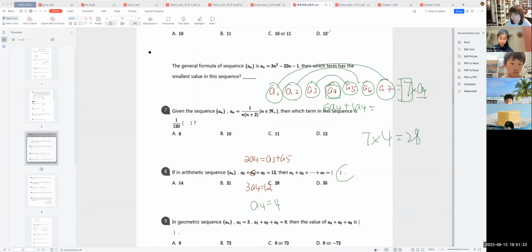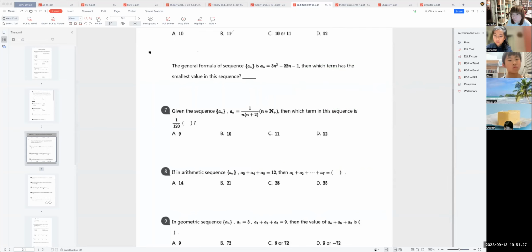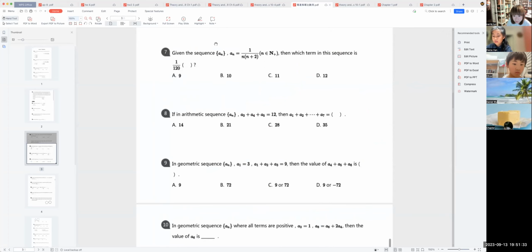对啊，我觉得这个已经讲得很清楚了，对不对？Okay, so let's take a look at number 9. If geometric sequence A1 equals 3 and A1 plus A2 plus A3 equals 9, what is the value of A4 plus A5 plus A6?